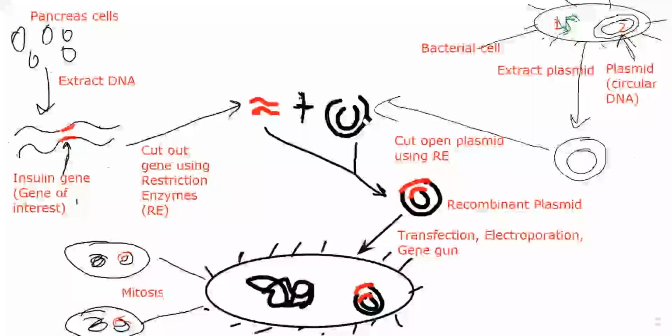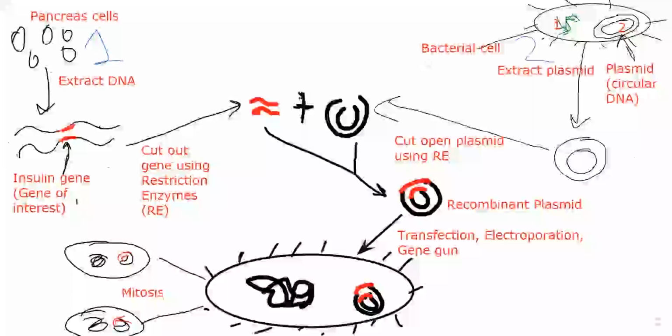Now let us make things simple. What have we done so far? To produce insulin, we need 2 preparations. Are we clear? This is preparation number 1, and here is the second preparation, this side here with the bacterial cell.